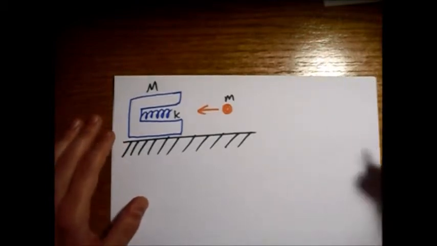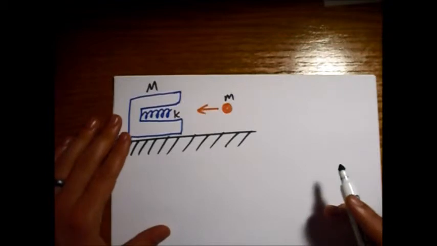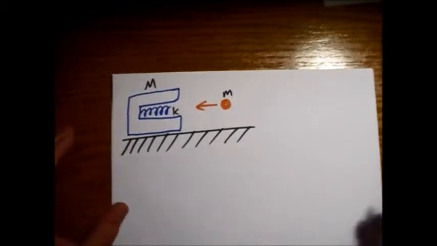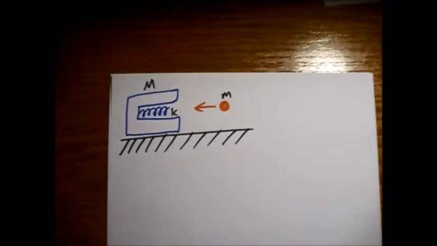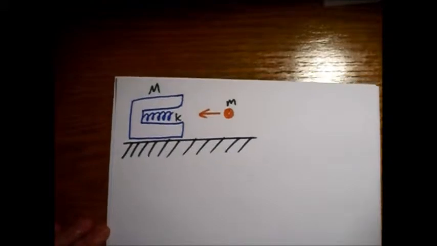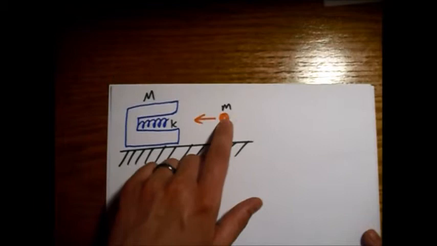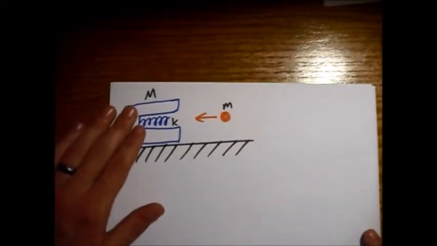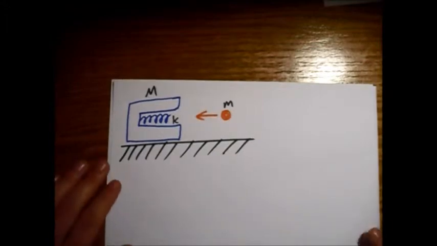So if it starts with a larger velocity and ends with a smaller velocity, there's a point in there when the velocities are going to be the same, and that's the point that we're interested in. That's the point at which the spring reaches its maximum compression, and this mass will be motionless relative to the large mass.